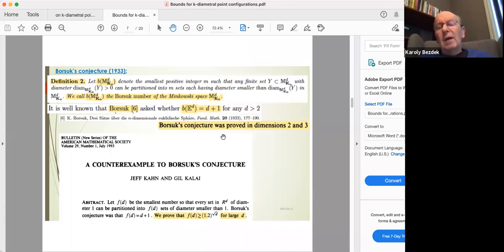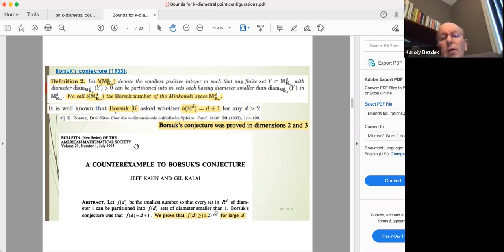Now, I'm not going to review it in detail here. We know that this has been proved in dimension 2 and 3. And it was a surprising result of Kahn and Kalai when they found a counterexample to this conjecture for high dimensions.